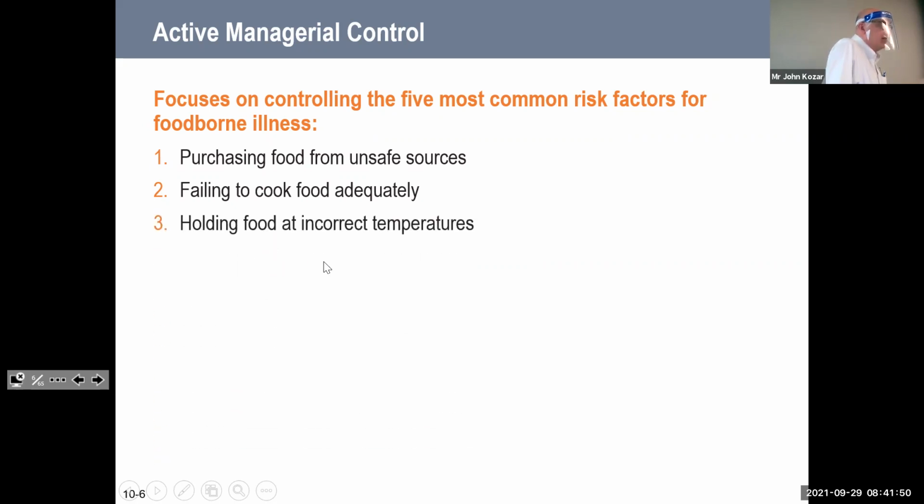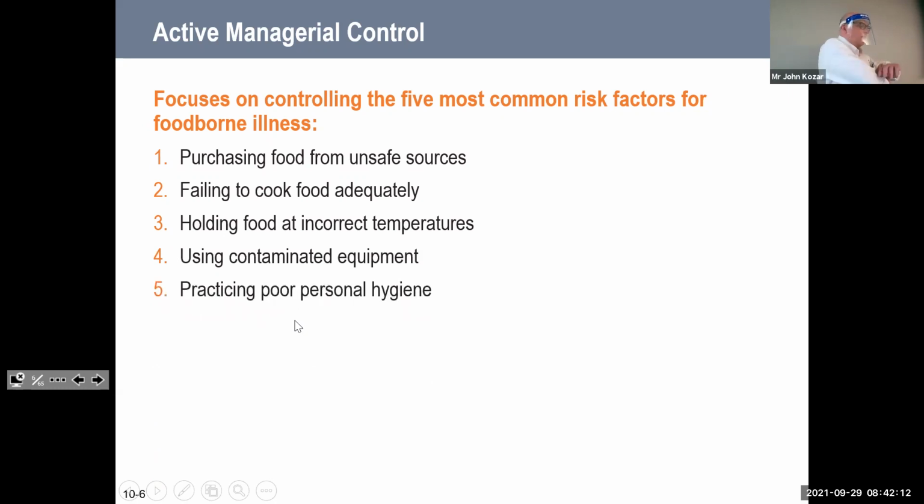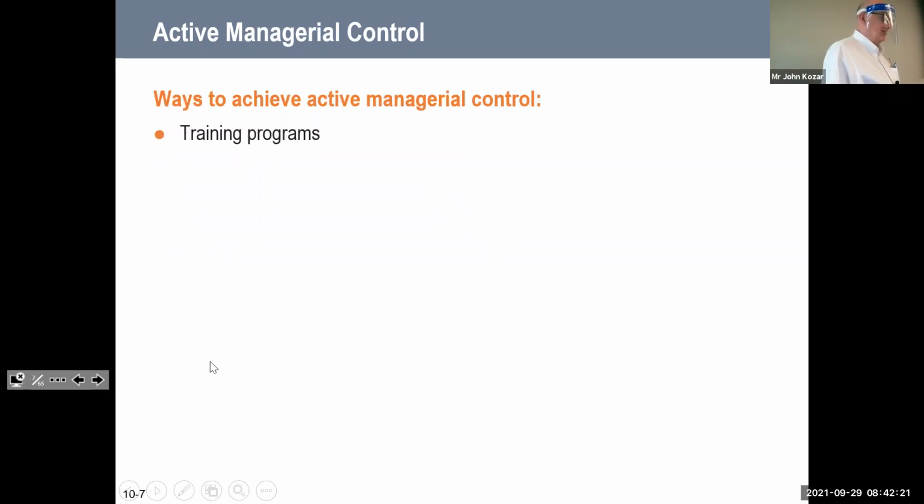Holding food at incorrect temperatures. So that would be anywhere within the temperature danger zone, which is 41 to 135. Okay, using contaminated equipment. And then employees practicing poor personal hygiene. So not washing their hands when they need to and not reporting illnesses when they need to.